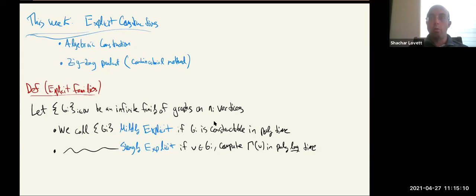I just give you an index for a row of this matrix, that's log n bits. Let's say this graph has constant degree. So I give you the index of its neighbor, like the first one, the second one, the third one, and you spit out the value of this neighbor, which is another log n bits. Because the inputs and the outputs are now log n bits instead of poly n bits, there is a chance of actually computing that in polylog n time. So this is strongly explicit.